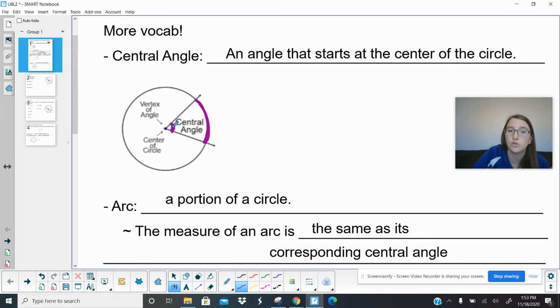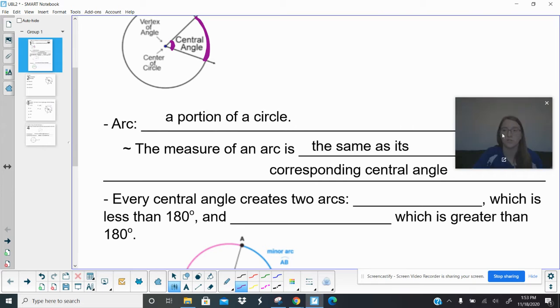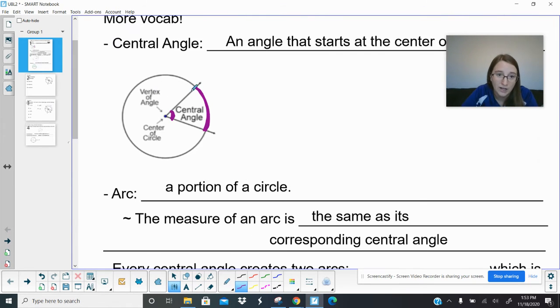So say if this is 20 degrees here, we'd also say, well, this is also 20 degrees. So again, the measure of an arc is the same as its corresponding angle. Corresponding meaning the angle that creates it. Notice this angle creates this arc.